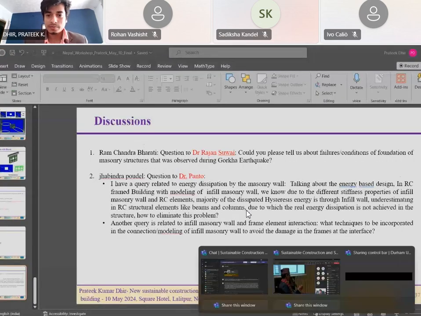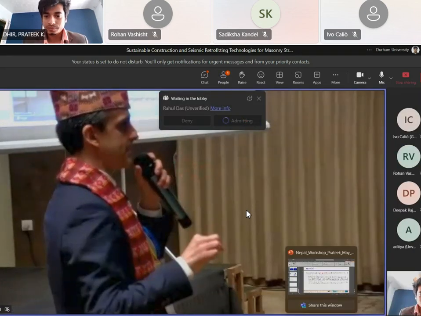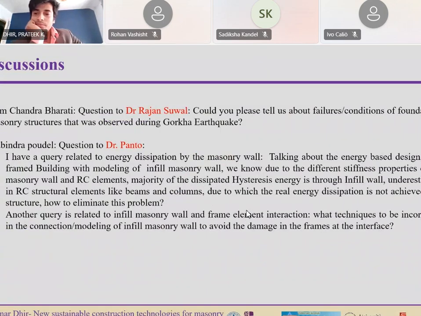In this case, the interface elements that we saw this morning, used to simulate the interaction between two panels, are used with a similar approach to simulate the interaction between the masonry and the surface of the reinforced concrete frame.